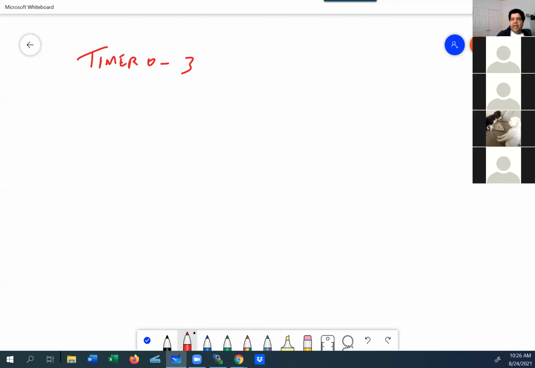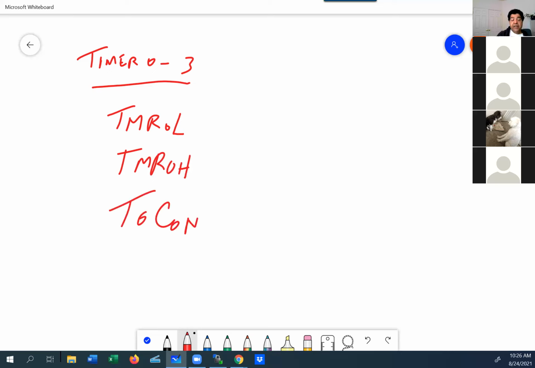Typically you have to pay attention to timer 0 low and timer 0 high if you're doing 16-bit; if you're doing 8-bit, you only have to worry about one of them. And then T0 control basically configures your timer. It says where you start counting.